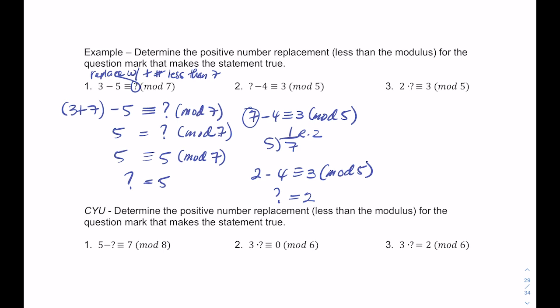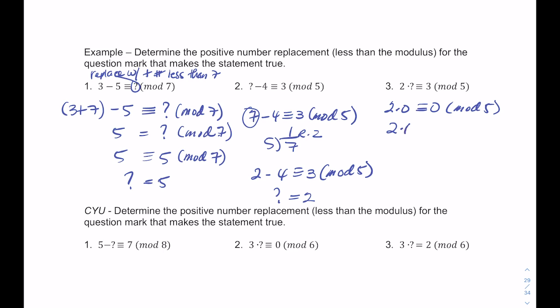Now when we're multiplying, it's easier to do trial and error. So if you start with the number 0 and go all the way up to 4, because we need a positive number less than 5, if I do 2 times 0, we know that's just equal to 0.